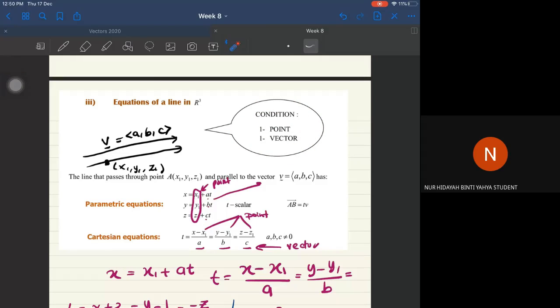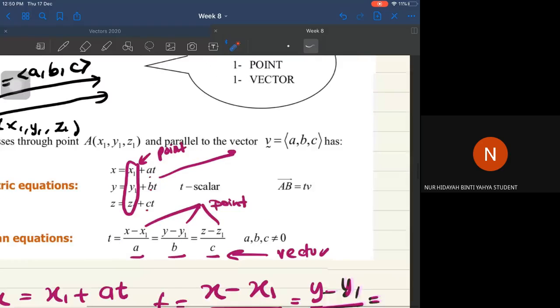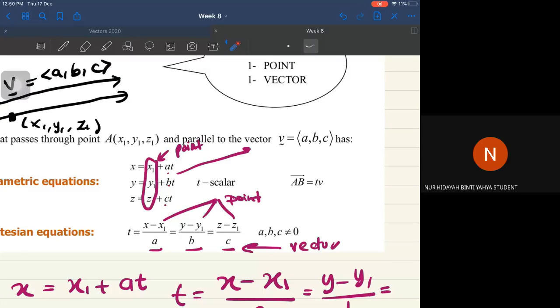Baru you boleh buat equation of the line. Sama ada nak tulis dalam bentuk parametric or Cartesian equation, you tengok pada soalan dia nak dalam bentuk apa. Kalau you tak ada vector tu, sebab you ada point je, you nak hasilkan vector ni, you mesti letkan another point yang you tak tahu and that point will be x, y, z.